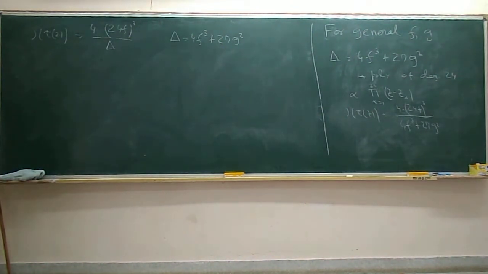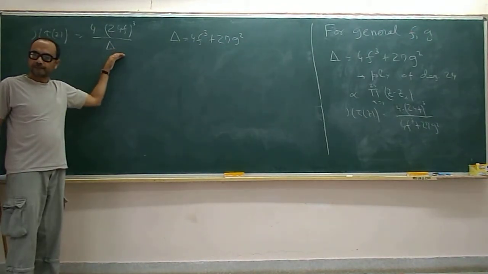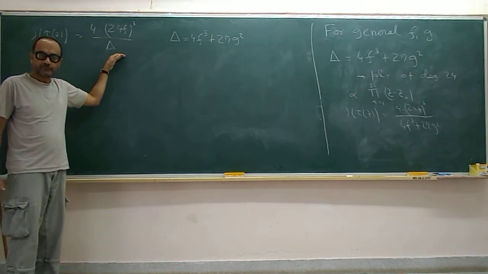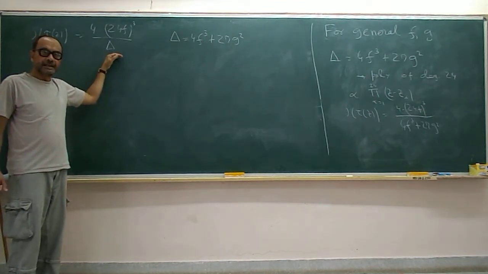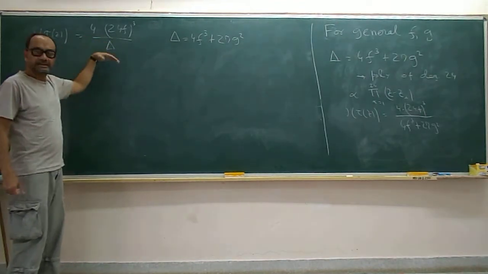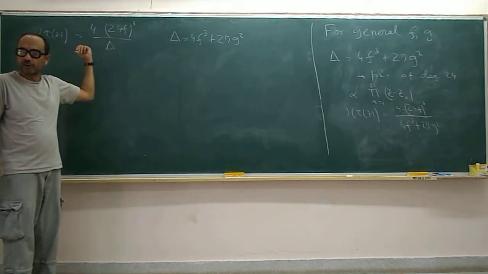So the fact remains that if you want the coupling to be small everywhere, then you need J of tau to be large, and that in turn means that we need delta to be small. If delta is small, then J is large, and that means tau is close to i infinity.